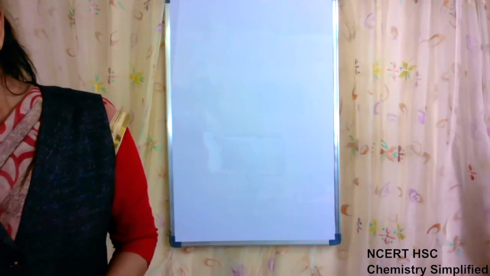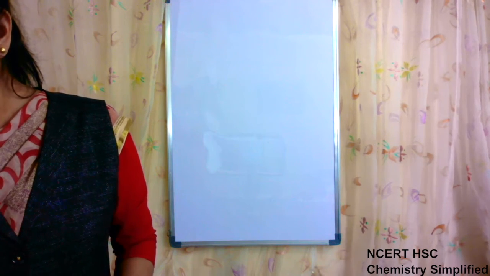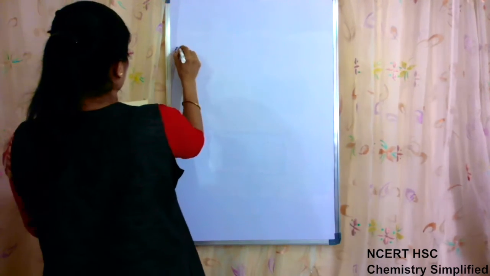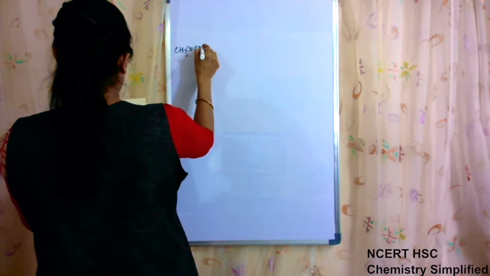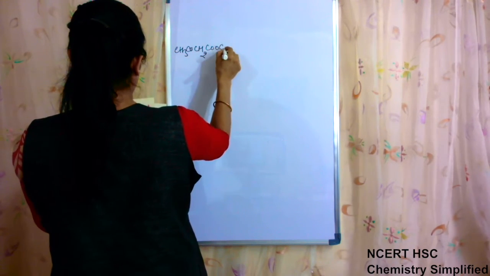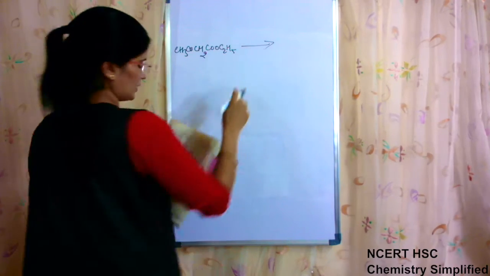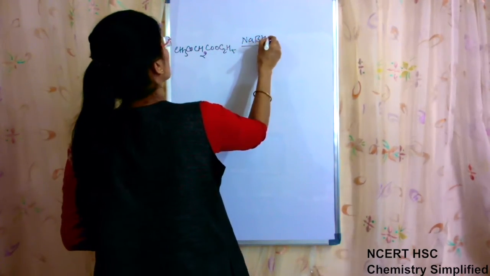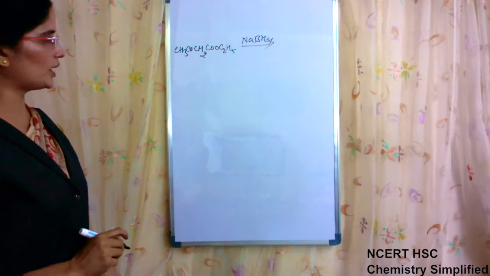Next, again this is a good question. CH3COCH2COOC2H5 in presence of NaBH4, sodium borohydride.